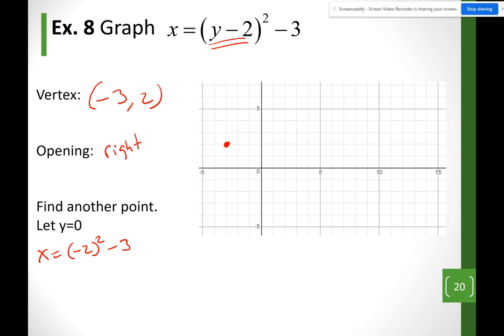So x is equal to 4 minus 3, so x is equal to 1. That means the point I just found is 1, 0. Remember, I let y equal 0, and we found that x is equal to 1. So I have the point 1, 0.